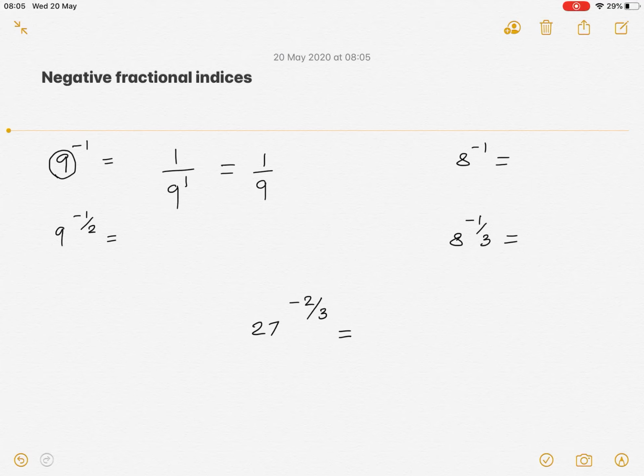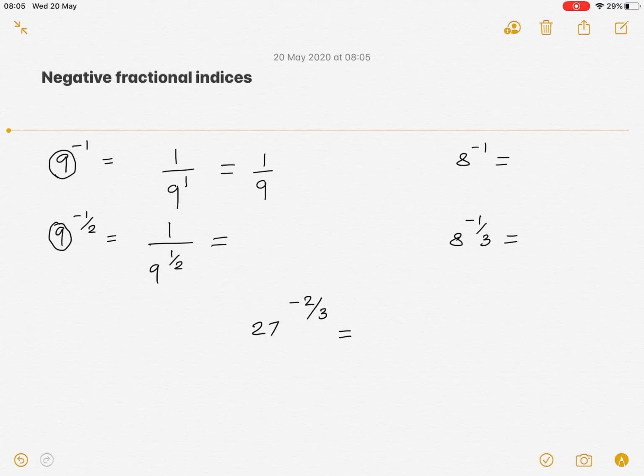Okay, using that information, we're going to look at the next example, 9 to the power of minus a half. As we know, when there is a negative power, you need to reciprocal the 9. So this becomes 1 over 9, and obviously the negative power becomes a positive power.